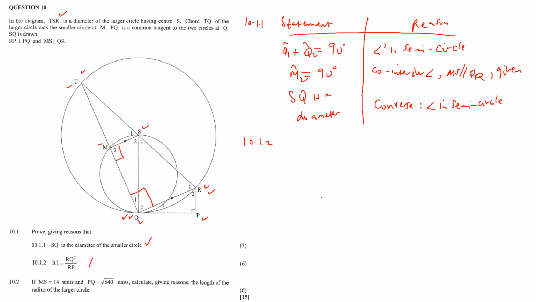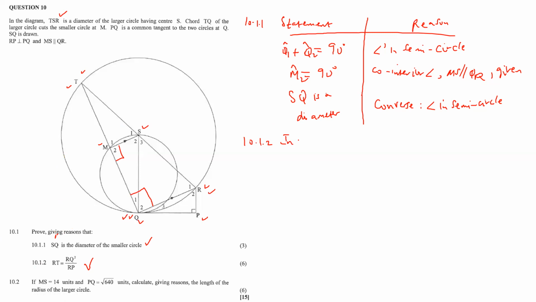We need to prove that RT equals RQ squared over RP. We continue. 10.1.2 is next, and we're going to be dealing with triangles.